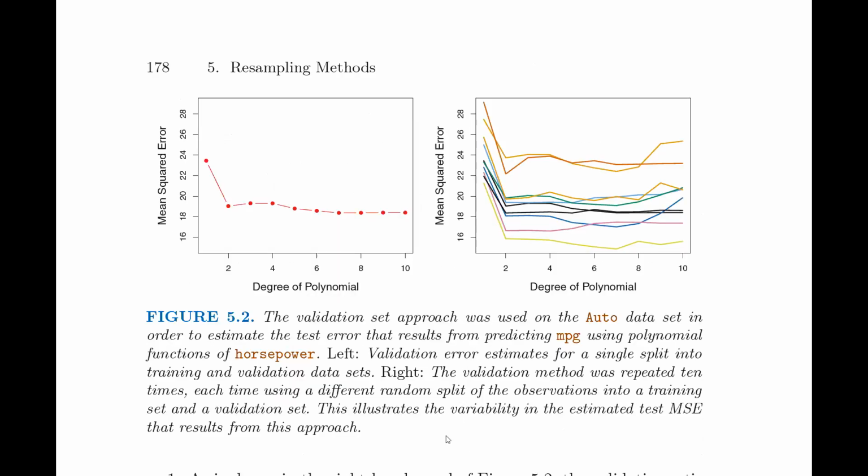Let's have a look. So we're taking the degree of polynomial. So degree one, and maybe degree 0 as well.